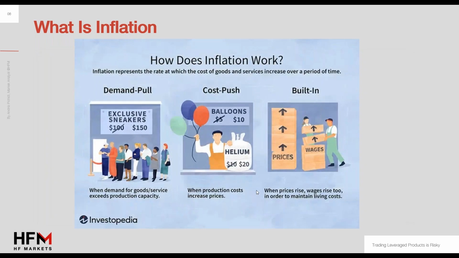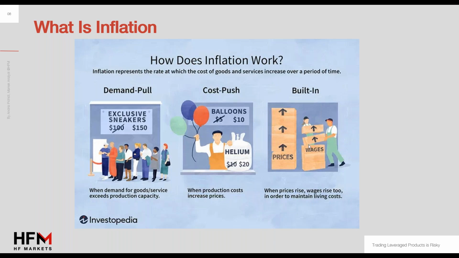Let's move on. This is exactly what I have just explained, in a picture. So how does inflation work? As you can see over here, inflation represents, as we said, the rate at which the cost of goods and services increases over a period of time.